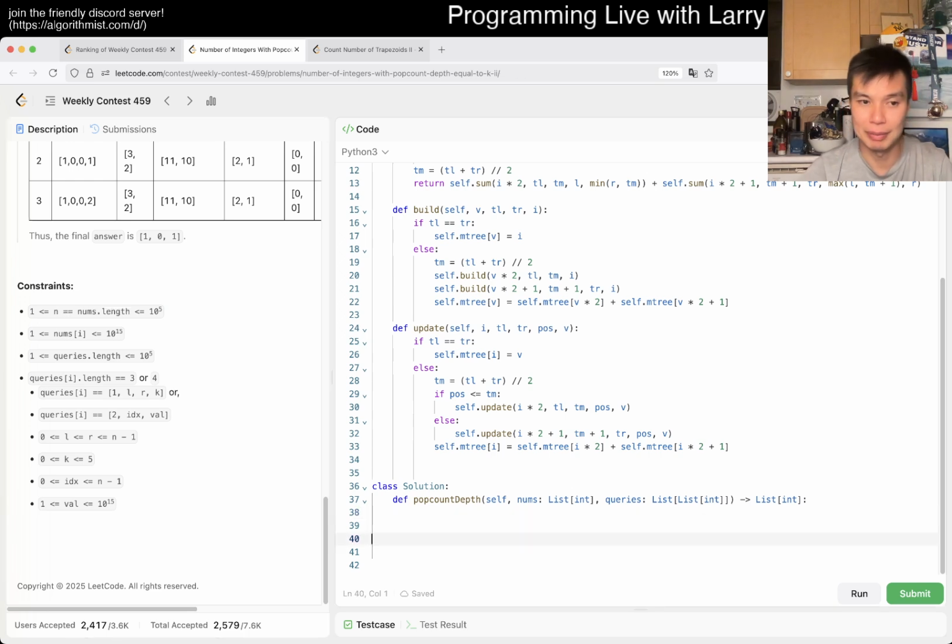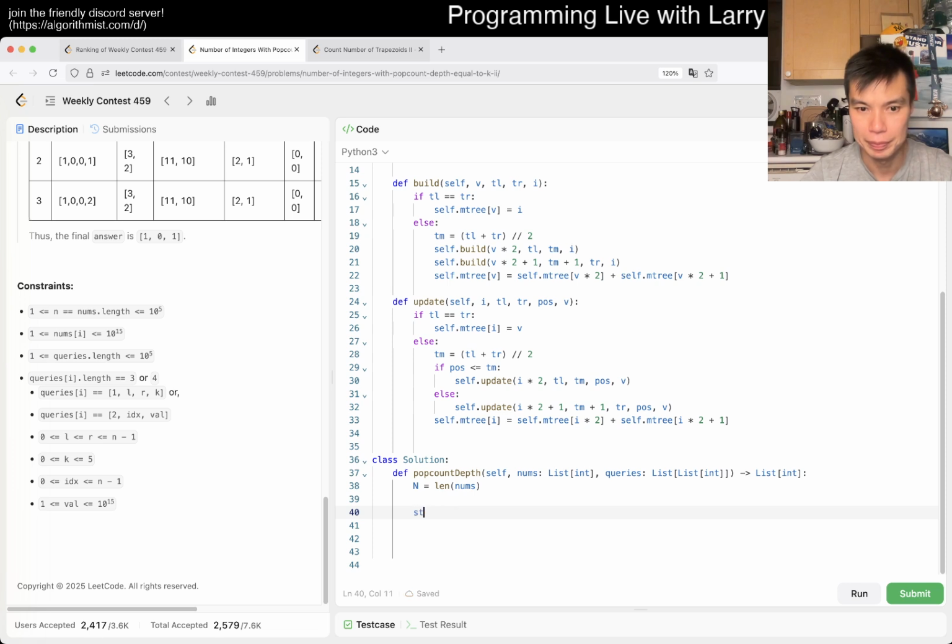We have 5 segment trees. Maybe it's okay, but it's not great. We'll see. I don't even know that it is cleaner if we have only one segment tree with 5 elements anyway, or 6 elements in this case.